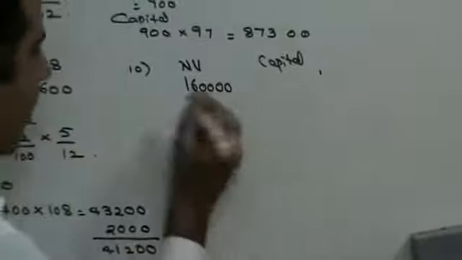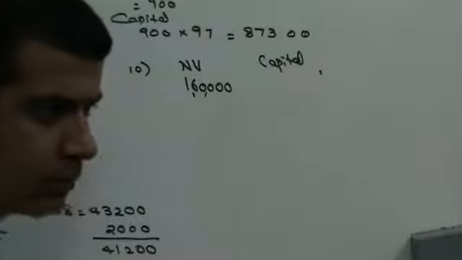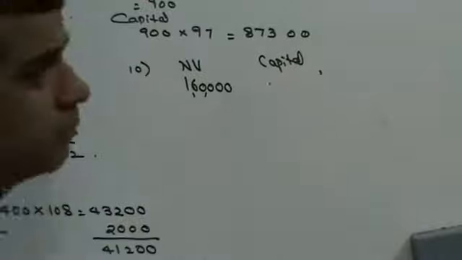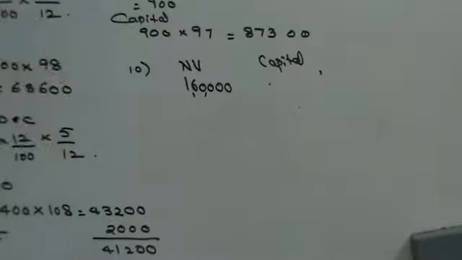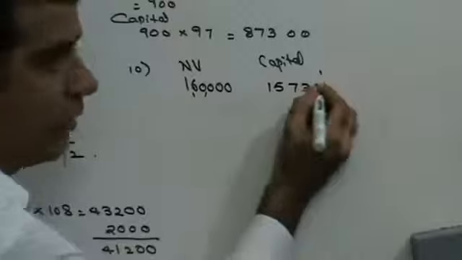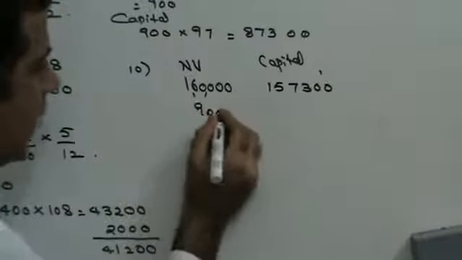Someone please do that and tell me how much is it? 157,300. Right? Now, I have sold debentures of 90,000.